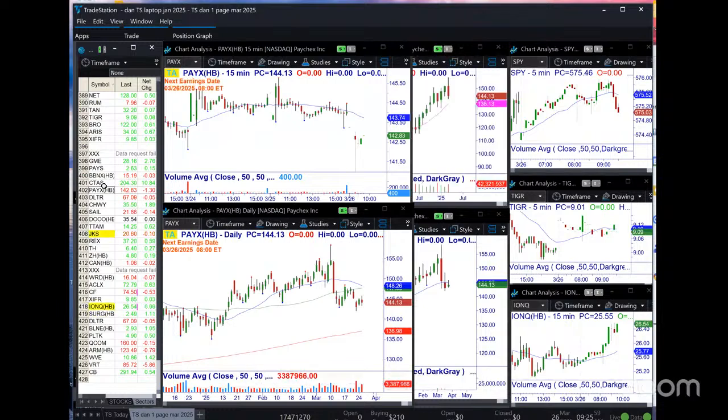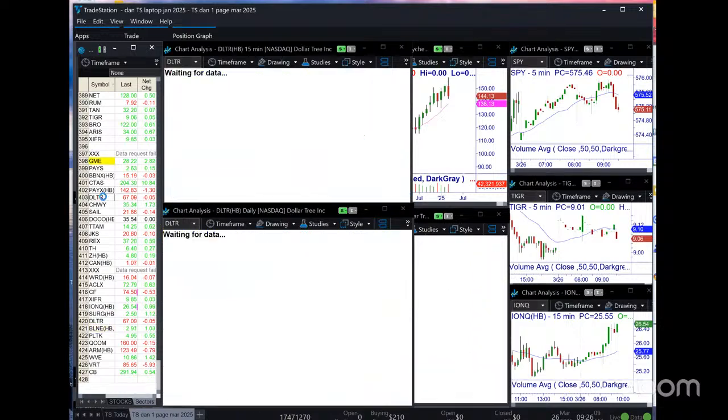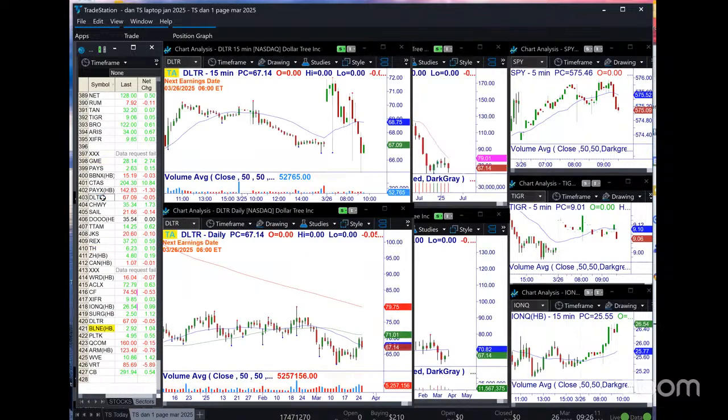PX down, could be a 30-minute low, short. There's a void all the way to the 200 here. Dollar Tree. So, I don't know what else this company does, but they said they're spinning off their Dollar Tree brand.